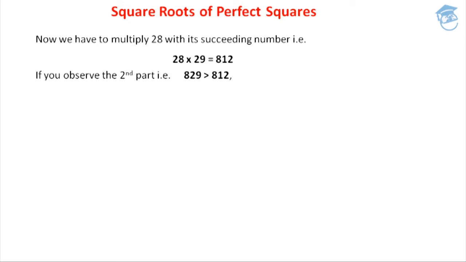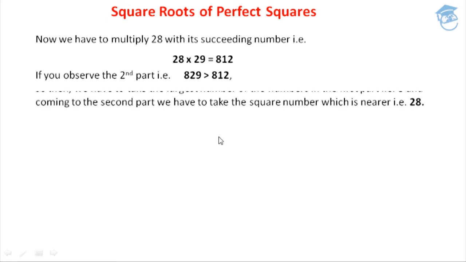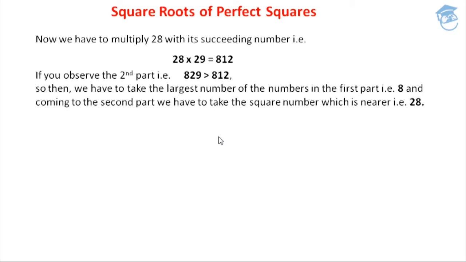If you compare the second part, 829, with the product 812, 829 is greater than 812. Since the second part is greater than the product, we take the first part answer as the number 8.